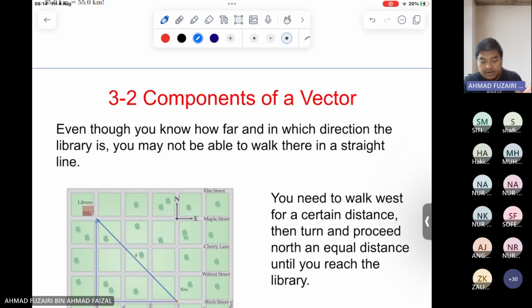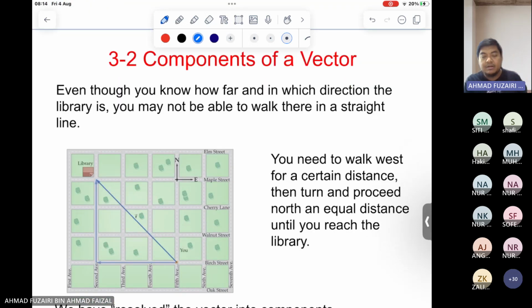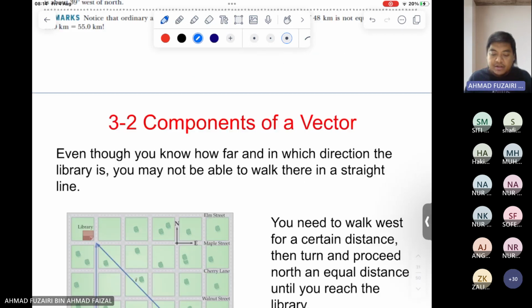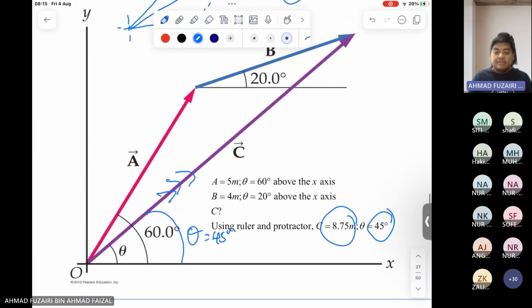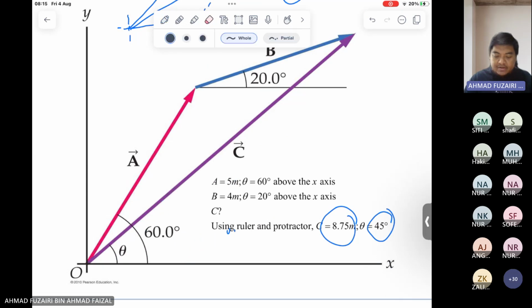I believe all of you already learned about components of vectors, because regardless, if you look carefully at how vectors are created, for example, let's look at vector C. Vector C is created using vector A and vector B.